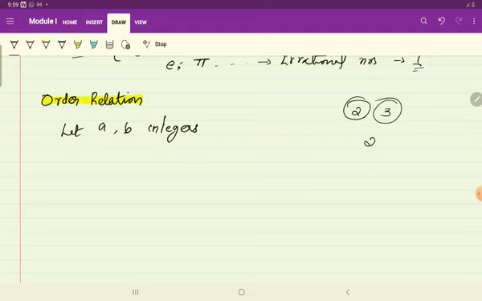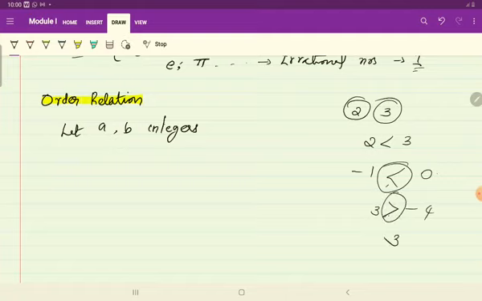We can say that 2 is smaller than 3, or 3 is greater than 2. If we take any two integers like -1 and 0, we know -1 is less than 0. So there is a less than relation. Or if we take 3 and -4, we know 3 is greater than -4, and if we take 3 and 3, we can say that there is equality between these same numbers.